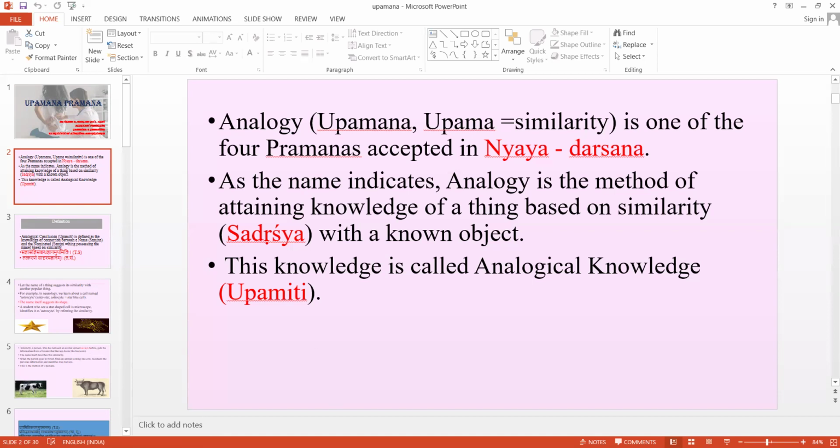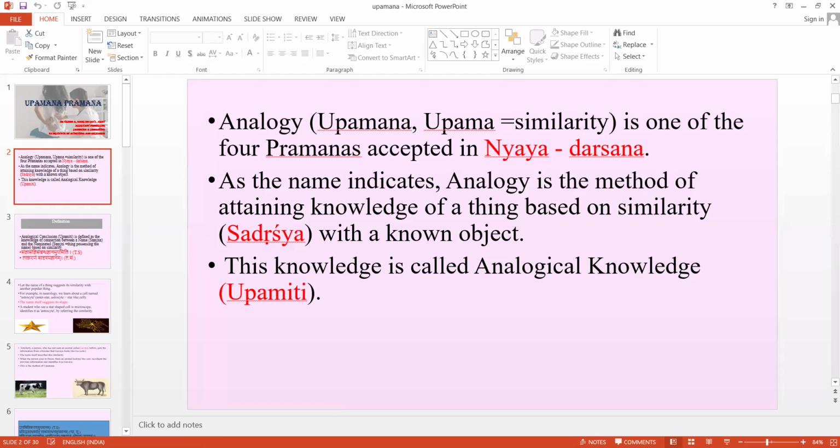After that, you recollect what your gurus told or what you learned from the textbooks, which means you are using apta pramana here. So to get upamana pramana, you need pratyaksha pramana and apta pramana.